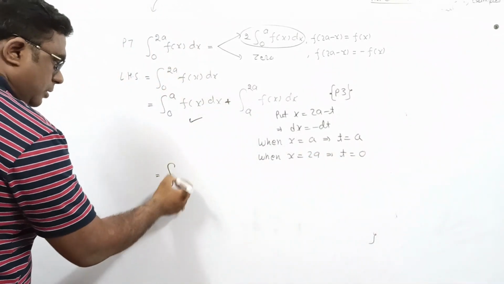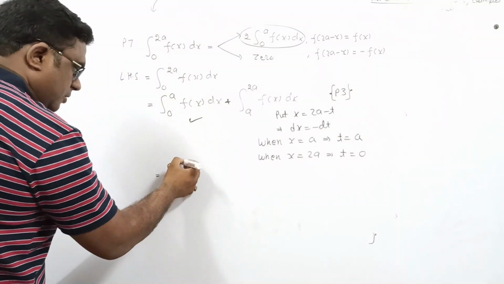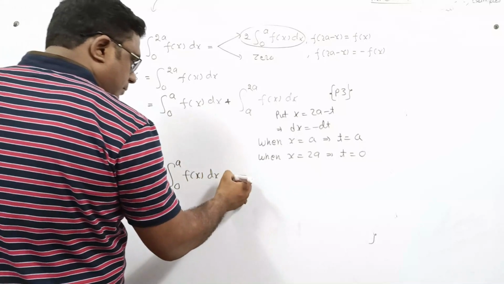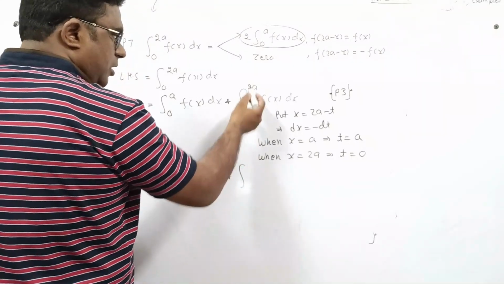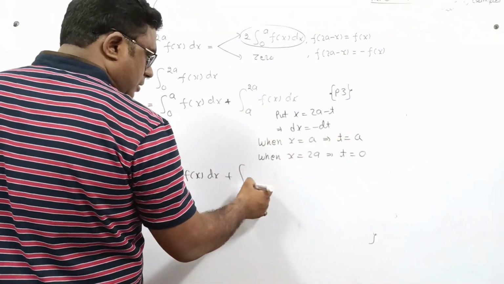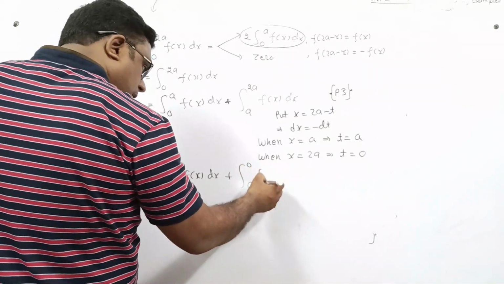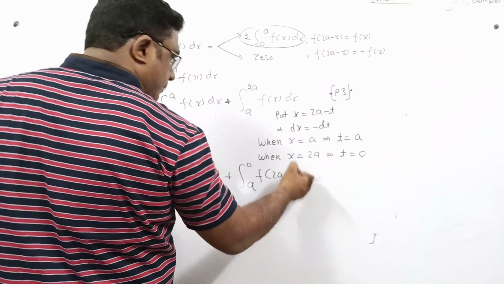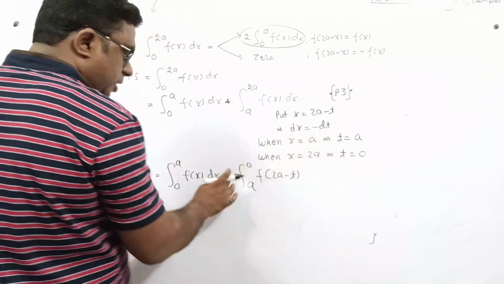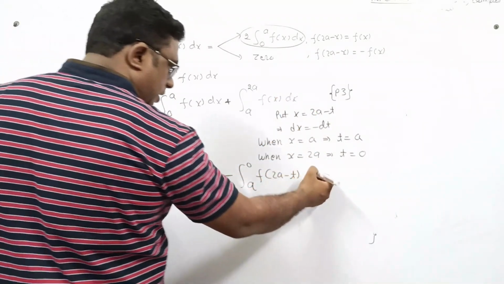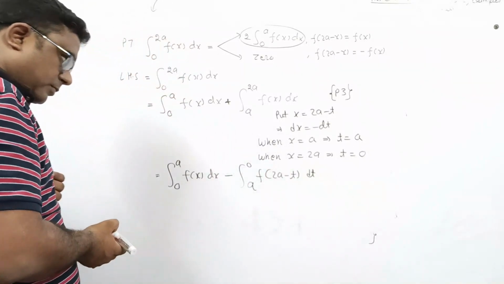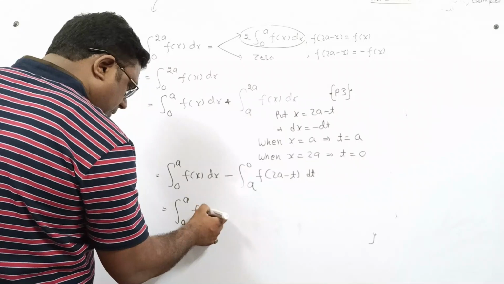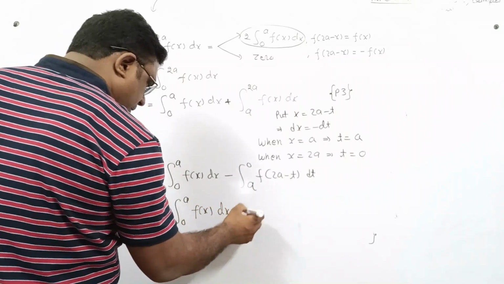So integral, no change in this, 0 to a f(x) dx, plus integral, old limits leave them, new limits are a to 0, f in place of x I will write 2a - t, and dx was -dt, so the minus will be taken out and dt will be taken at last, equal to integral 0 to a f(x) dx minus.